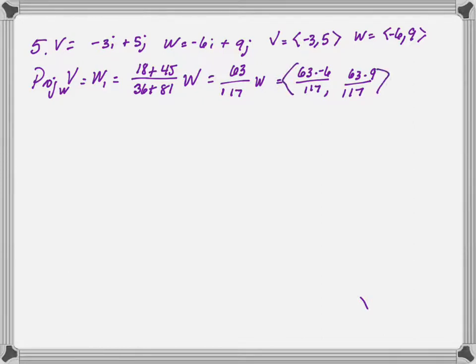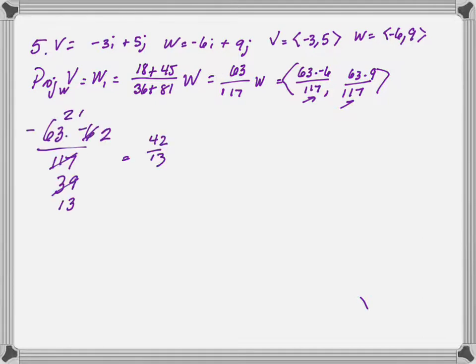So let's see if we can simplify. This 3 goes into that, you guys. So let's see, 9 might even go into it. Okay, over here I did a little bit of math. So multiplying that out, I've got 63 times -6 over 117. Now 3 goes into 117 and 6.